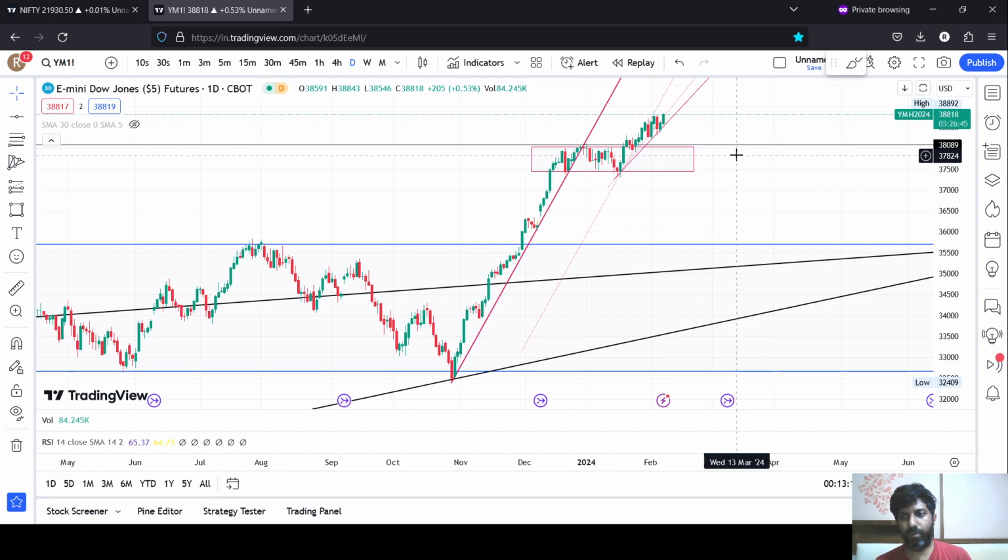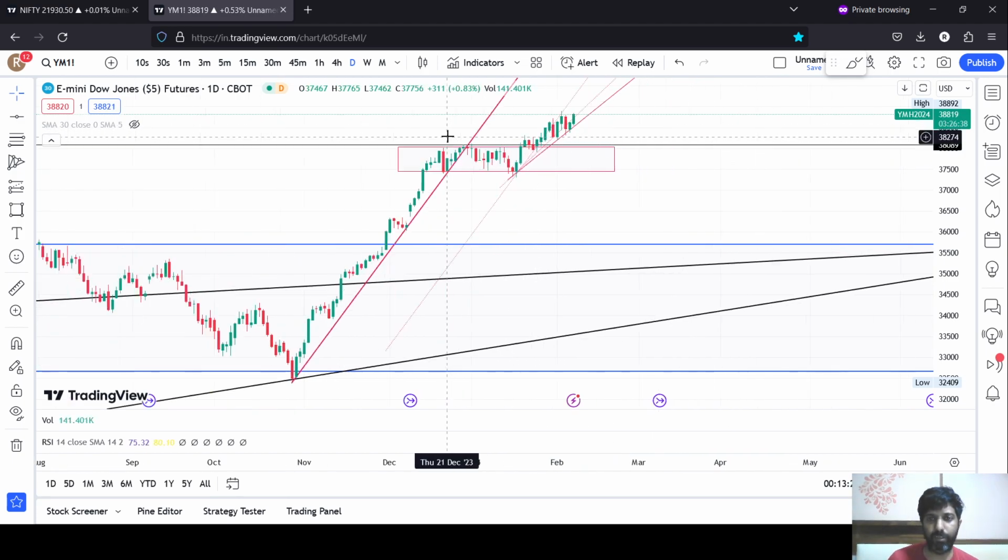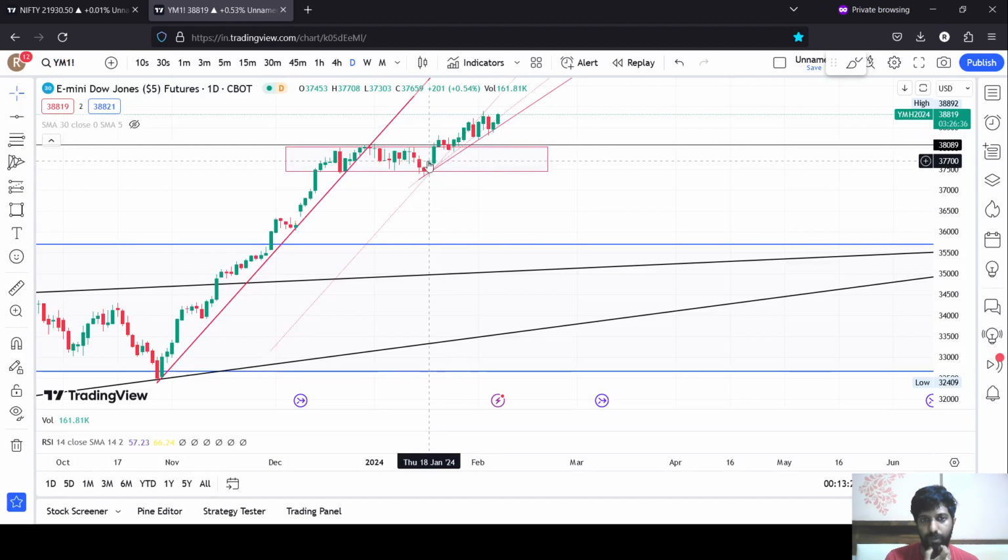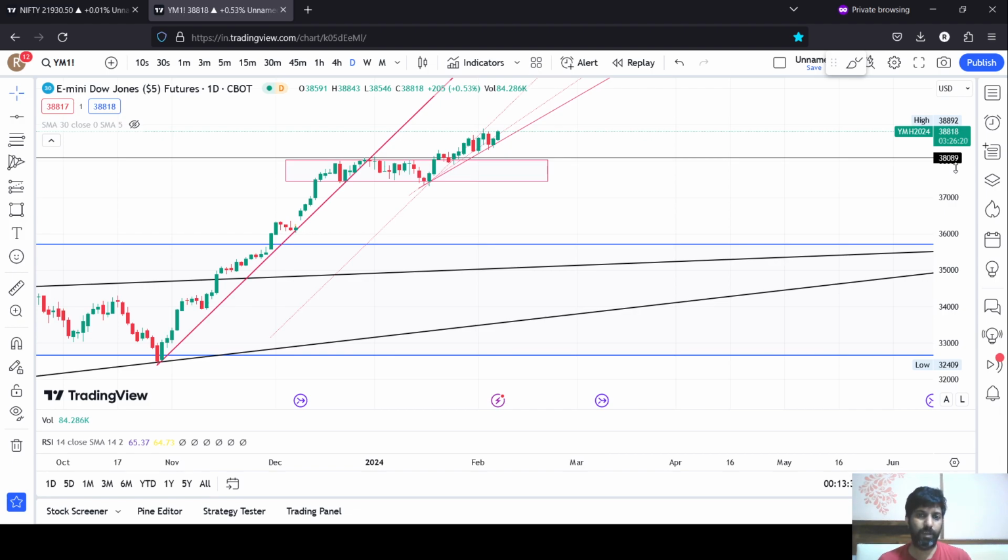It is way above the 38,100 level, which is the breakout level. The price action pattern here is also good, with a higher high, higher low formation. So there is a chance that Dow Jones will go higher, and as a result we may see a ripple effect on the Indian markets with a gap up opening for both Nifty and Bank Nifty tomorrow.